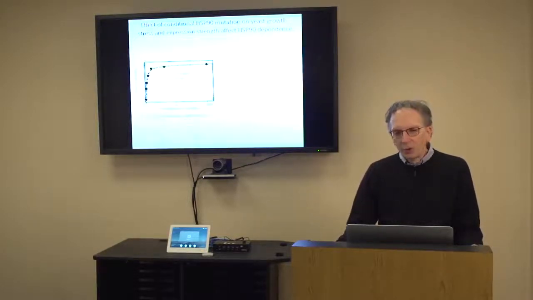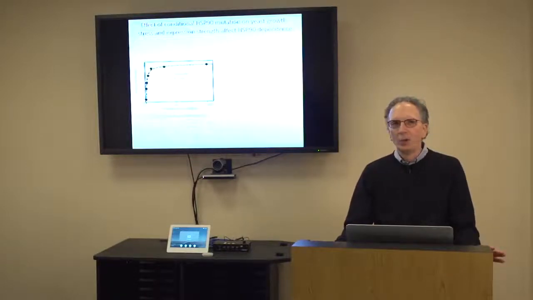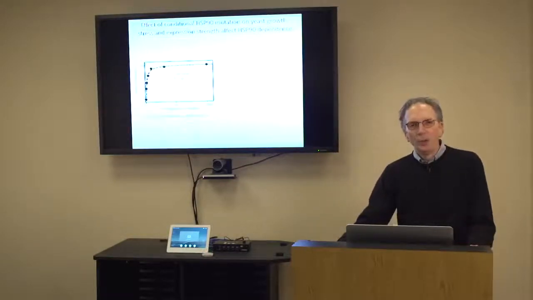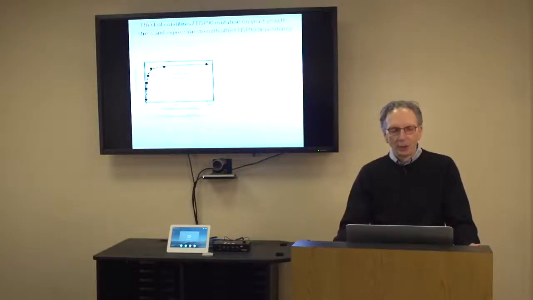The dependence on HSP90 differs between normal cells and cancer cells, and I want to give you an example of how we can interpret that. So this is an experiment using yeast grown at optimal temperature with wild-type HSP90.